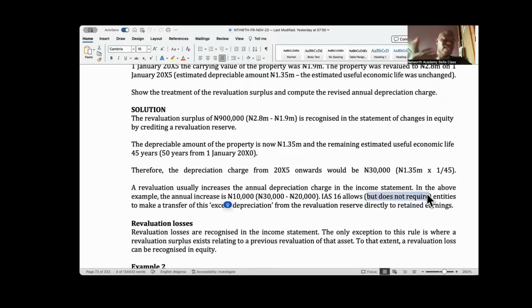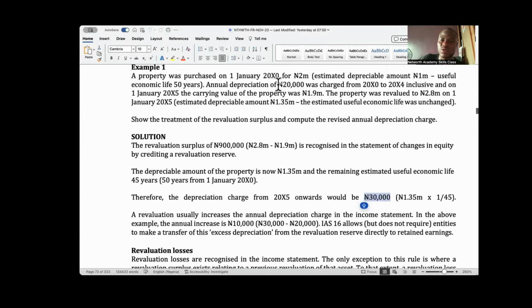In fact, I've not really seen your exam asking you to do this excess depreciation. But I will teach you so that you understand how it works. They know that whenever you revalue an asset, it will lead to an increase in the annual depreciation going forward. In this case, the depreciation we are charging from the date of revaluation is now 30,000 per annum as against the 20,000 we were charging.